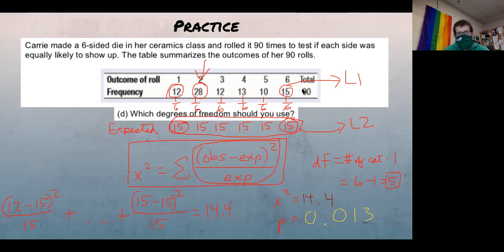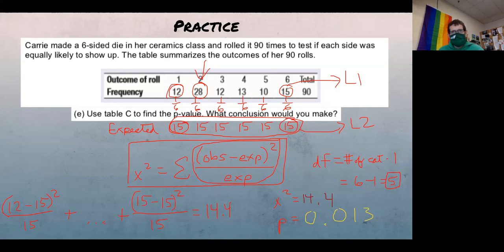Okay, so which degree of freedom should you use? We already talked about that. Find the p-value. Now it says find table C. Now we know the chi-square value. We already calculated it. But if we go to table C with, what was it, 5 degrees of freedom, find where 14.4 would have lived.